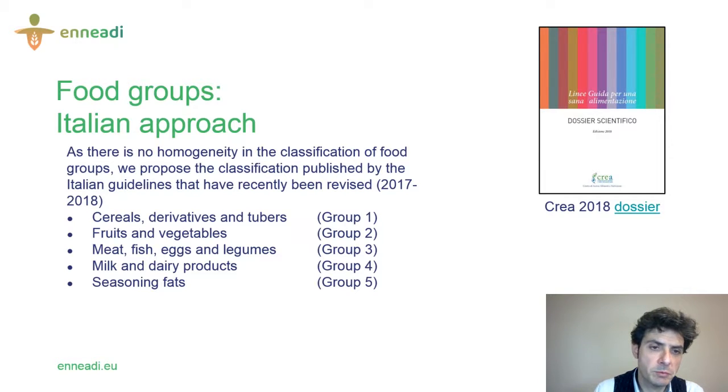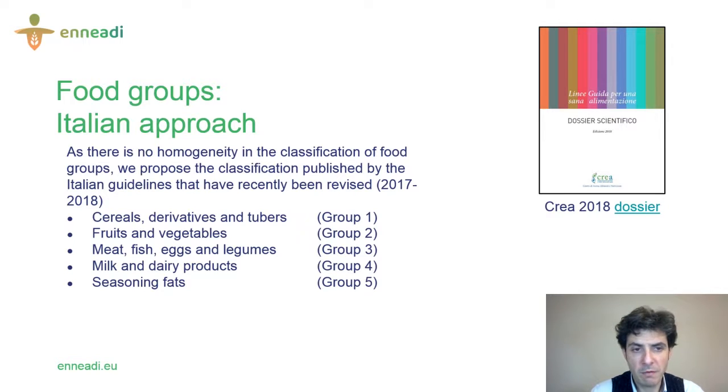Some other countries prefer to divide foods into more groups, like 7 or even more. To make a long story short, I will show you quickly how we organize foods into groups here in Italy. Not only because this is my country, but also because this grouping of foods has been revised recently.